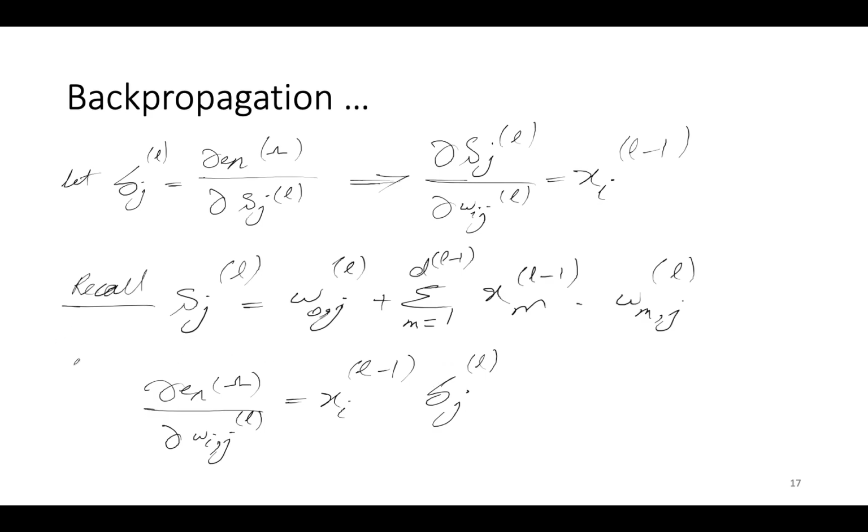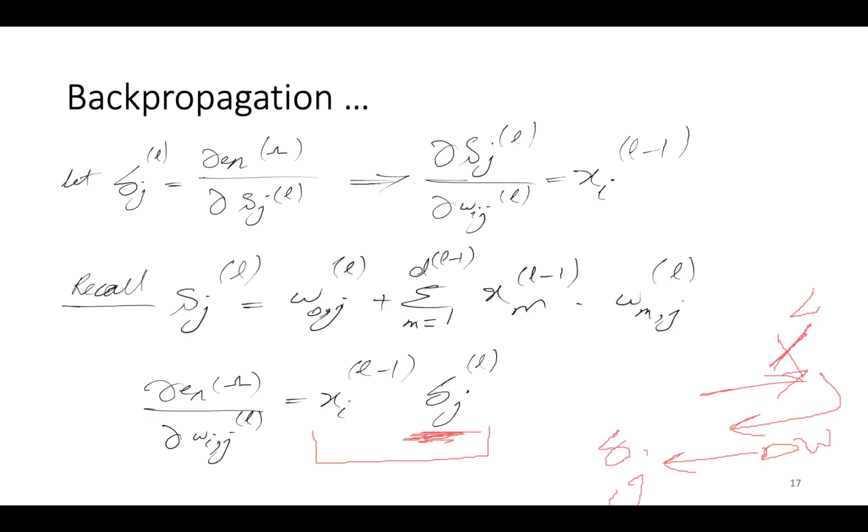So in order to update your partial E_n with respect to your W's, you actually need to multiply x_i of L minus 1, your previous layer's input, by the delta that you found at that specific location. If you come back, that was your X_L, you found the update, right?